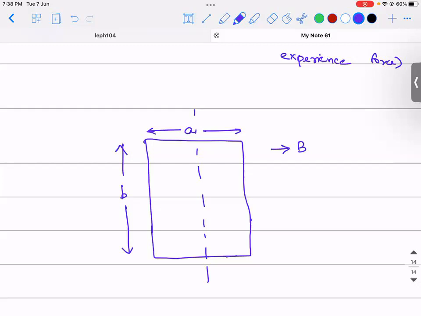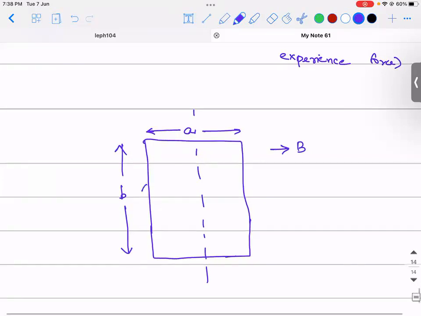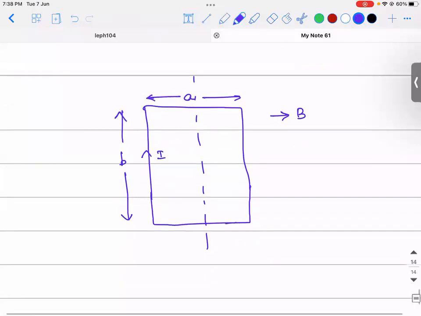We call this as B. Okay, and the current is still I. Okay, remember here the force is into the plane, and here the force is out of the plane. So this is the direction of force.